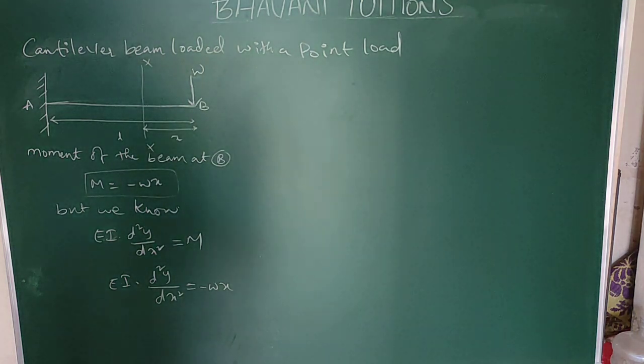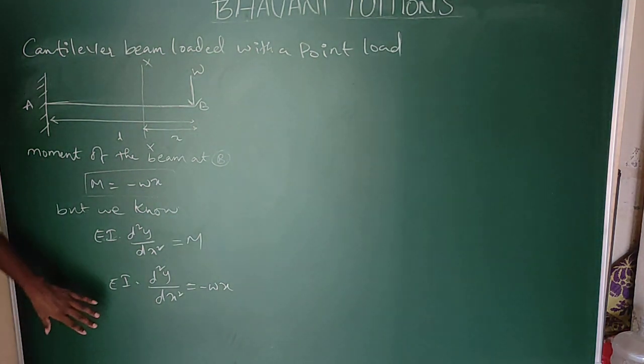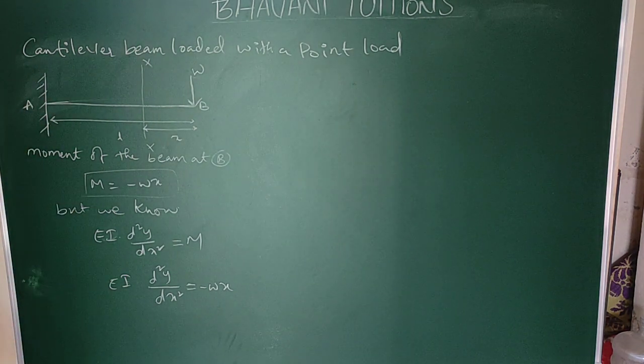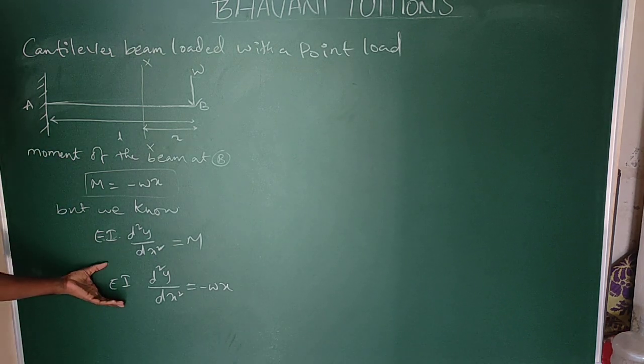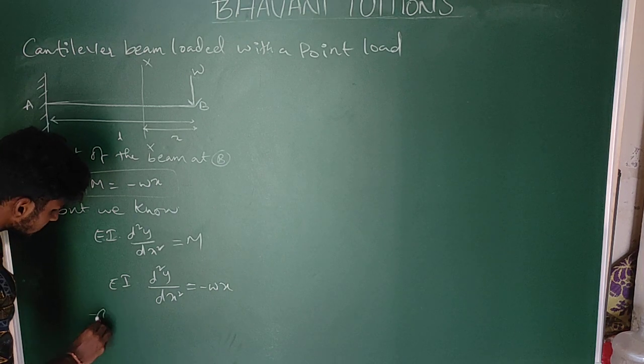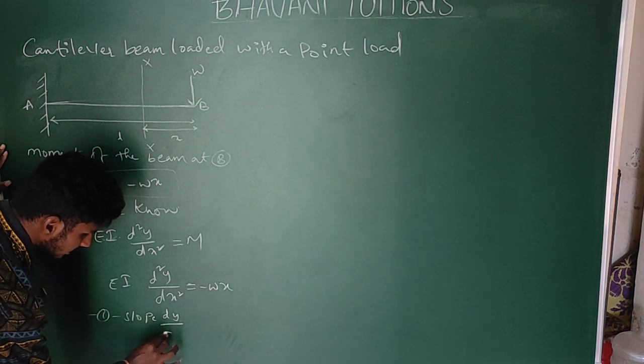Now we need to find the slope and deflection for the cantilever beam loaded with a point load. How are we going to get it? If you integrate this equation once, we get the slope, that is dy by dx.